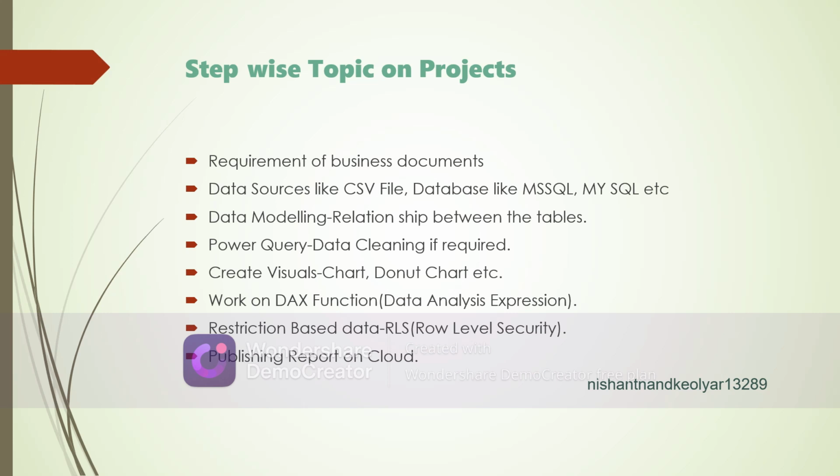There is one primary key in each table, so we can model it with another table, like a star schema, a snowflake schema, one to many relationship, many to many relationship, many to one relationship.